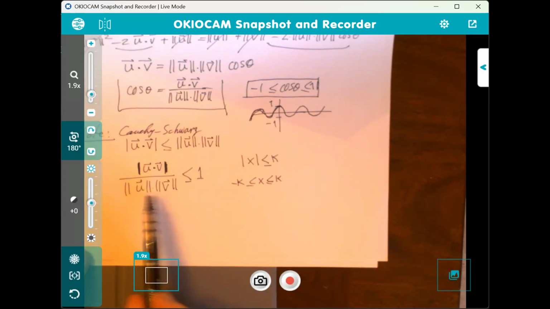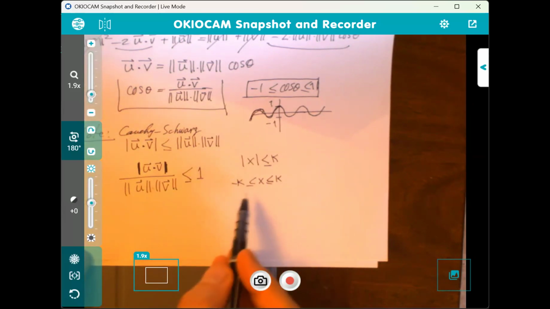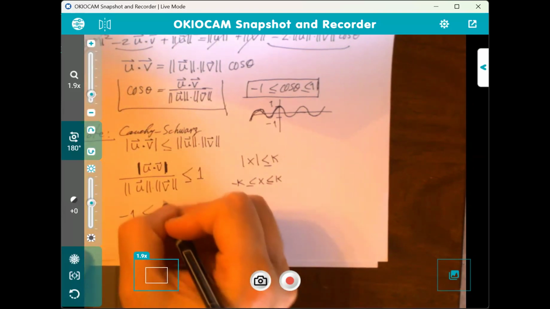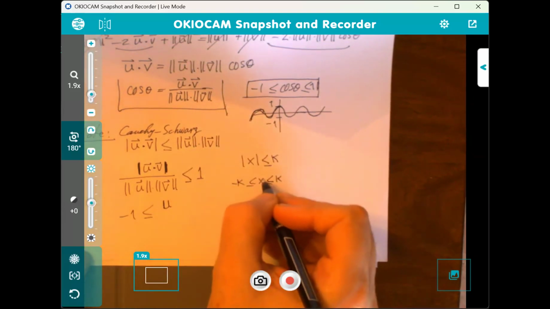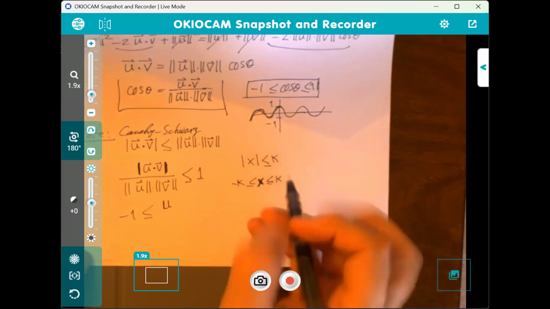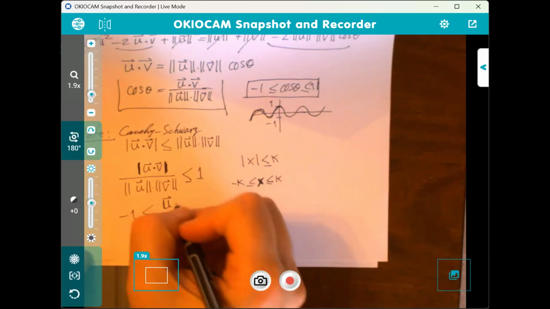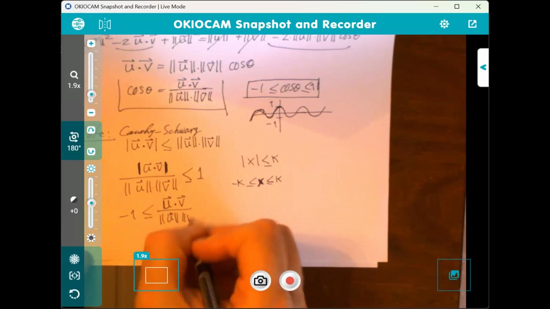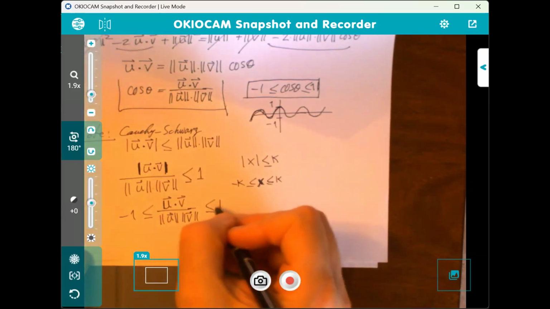Remember, the denominator is just a scalar, it's positive, so we can ignore it for now. So I can write just the absolute value between 1 and negative 1 using the inequality. So that means that this time without the absolute value, notice in our algebraic expression, this expression doesn't have absolute value on x. So this is just going to be now u dot v over magnitude of u, magnitude of v. Right? And that's going to be between negative 1 and 1.